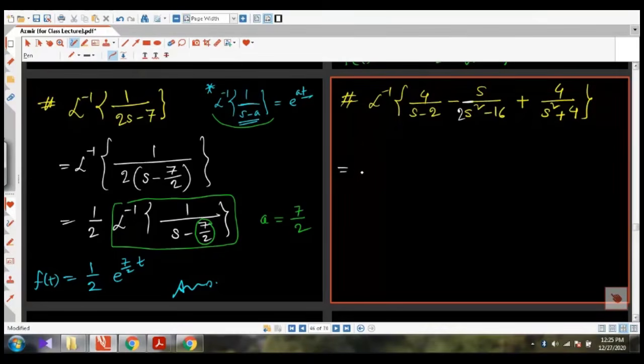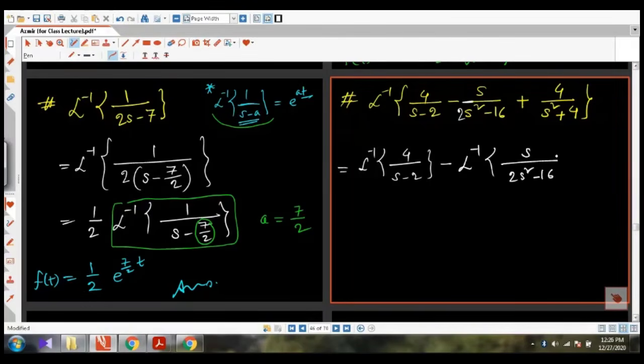At first sight, what we can do is write separately inverse Laplace of 4 over s negative 2 negative inverse Laplace of s over 2s squared negative 16 plus inverse Laplace of 4 over s squared plus 4. Have you understood how we have written this one?